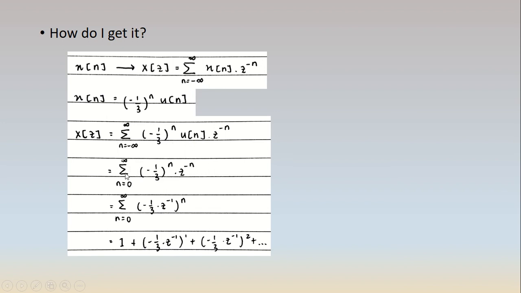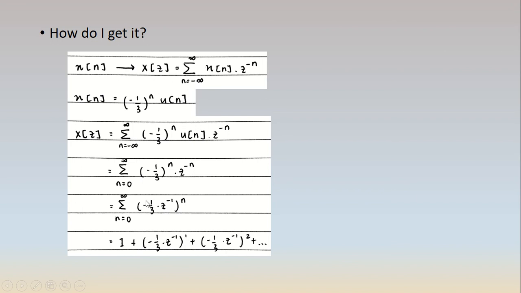We will get the summation of n = 0 to infinity of (-1/3)^n z^-n. Then we just factorize it, and we will get (-1/3 z^-1) in the bracket to the power of n.